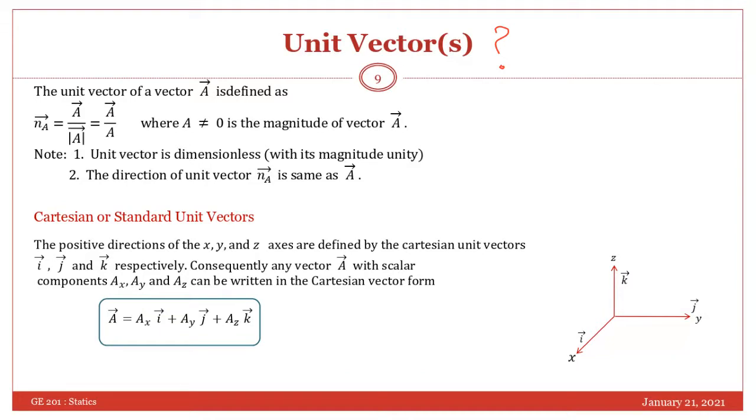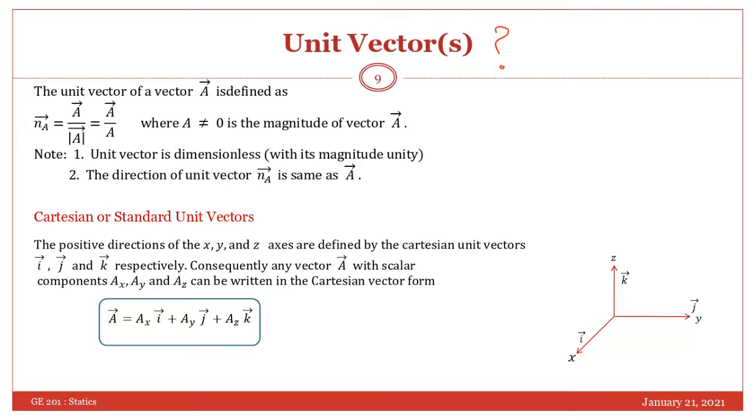Because a unit vector is always of some vector. So for example, if I say the unit vector of vector A, that means it has the same direction as vector A, but magnitude-wise, its magnitude is unity, and that is dimensionless.